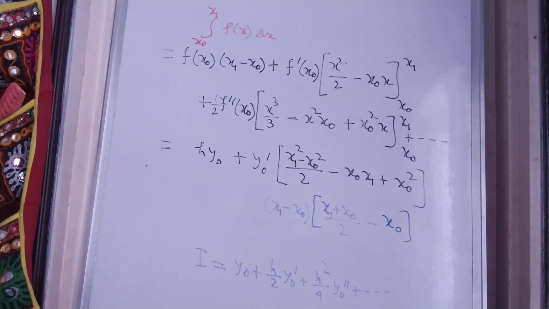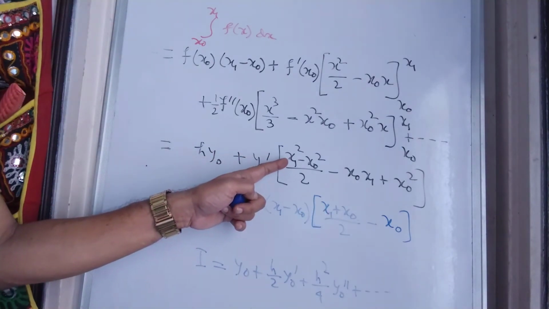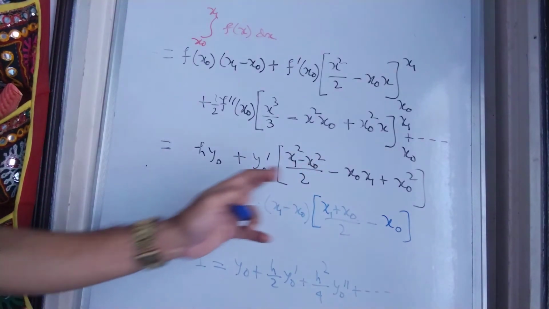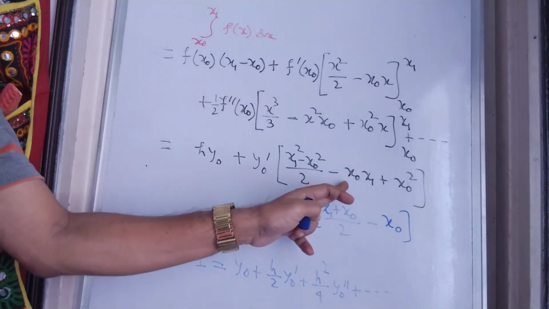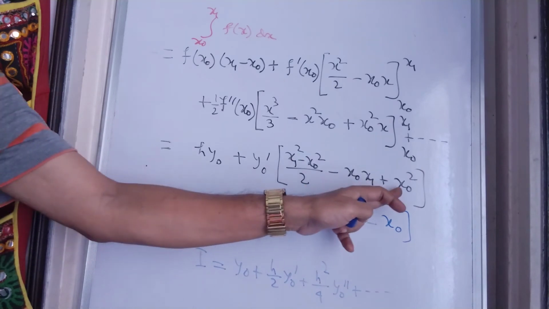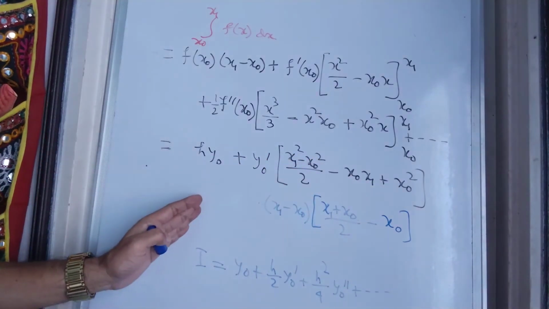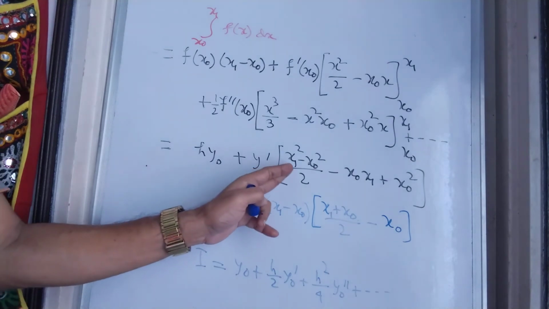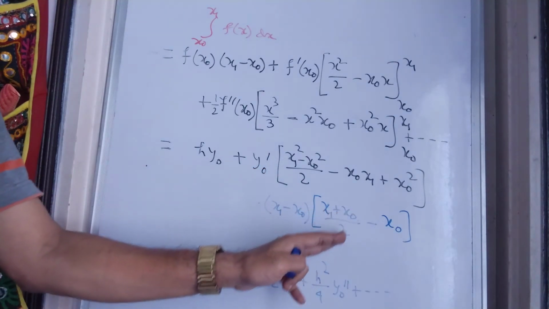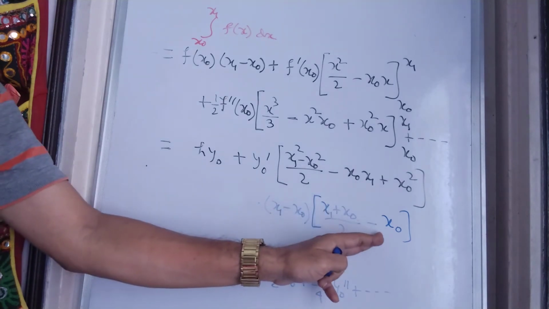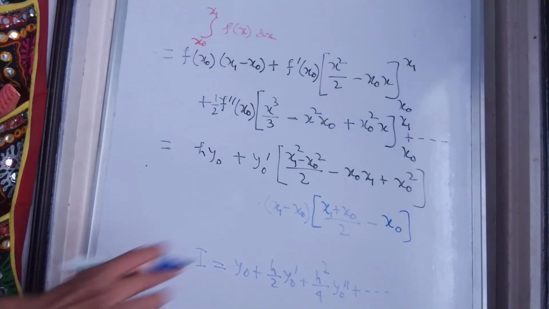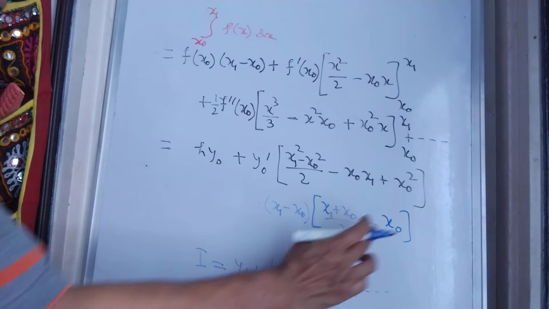Just see, this is (x1 plus x0) into (x1 minus x0). I have taken minus x0 common from these two terms. So there is x1 minus x0, and you take this x1 minus x0 from these two terms common out of the bracket. So in the first place we have (x1 plus x0) by 2, and in the second place we have minus x0. And what is the result of this? It is nothing but x1 minus x0.